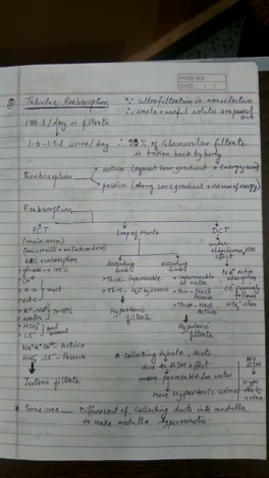And the DCT is the last portion where, under the influence of aldosterone and ADH, the DCT is supposed to function only in special conditions. Otherwise, absorption does not take place in the DCT. Under the influence of aldosterone and ADH hormones, sodium is absorbed, chloride comes in, and bicarbonates come in.